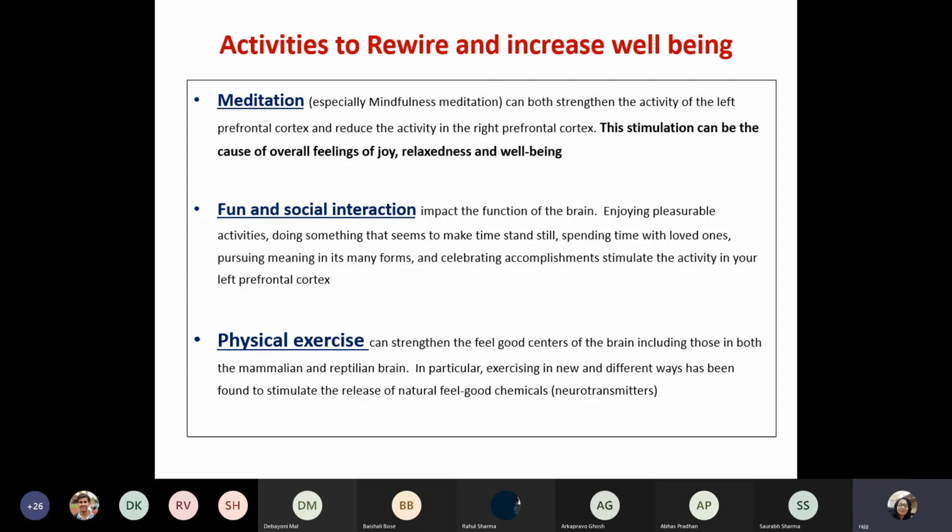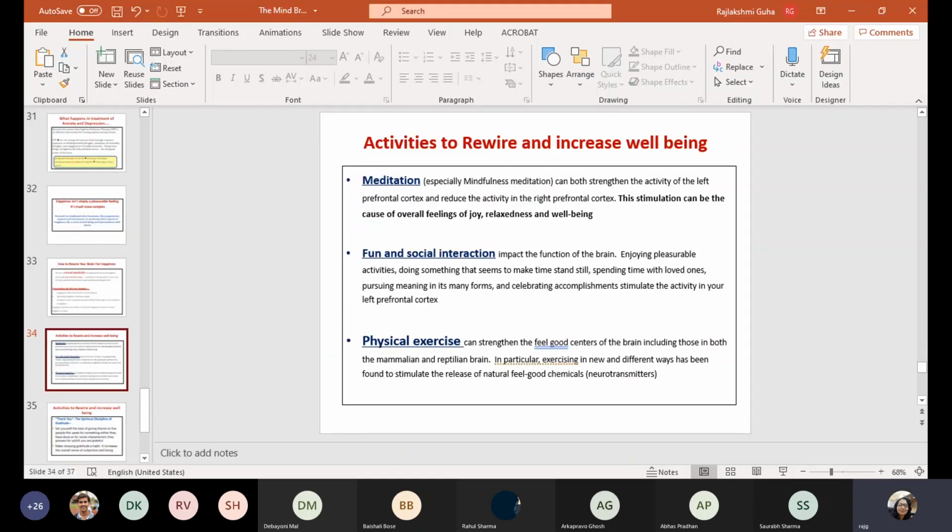Just to give you another example of this, when there is sensory deprivation. Do you know what sensory deprivation is? Anybody? What is sensory deprivation? No idea? Nobody knows what sensory deprivation is? Okay.